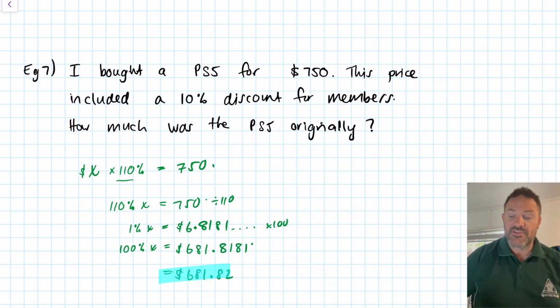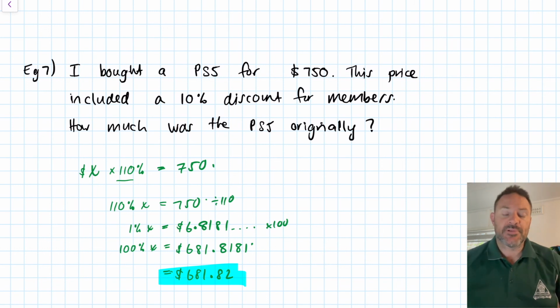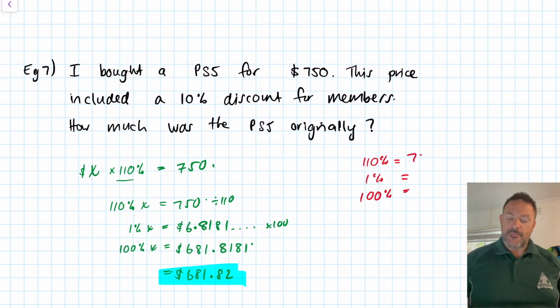Remember, when we're dealing with money, we always do 2 decimal places. Okay, that's a unitary method question. Often what I'll do, I'll say 110% equals, I'll say 1% equals, and I'll say 100% equals, and do it that way. And then my working out is pretty much exactly the same as the left-hand side.